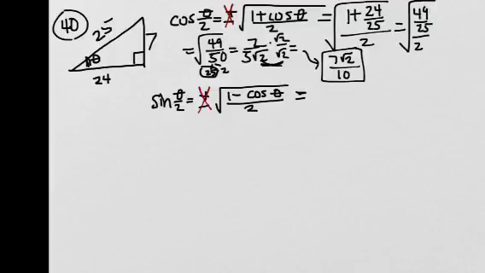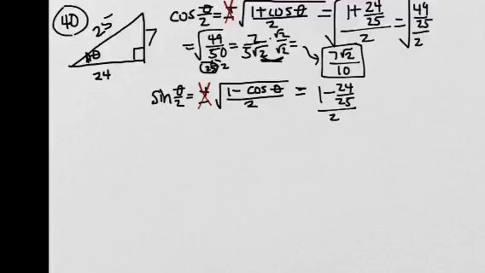Sine of theta over 2, it's basically the same thing. It's just that you're subtracting the cosine from the 1, so 1 minus 24 over 25. When I say the same thing, it's the same setup, the same structure. It's just that you are subtracting in the numerator.